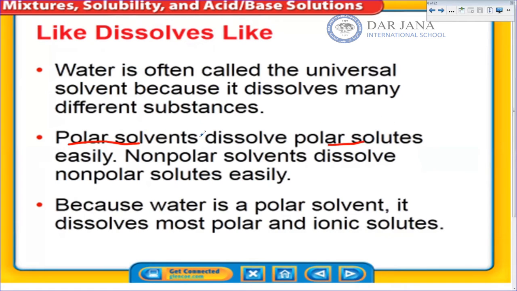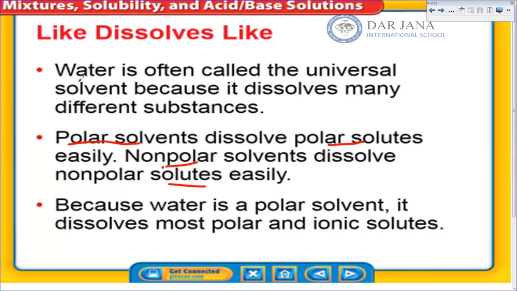So they are like. While a non-polar solvent dissolves a non-polar solute. So this is what we mean by like dissolves like.